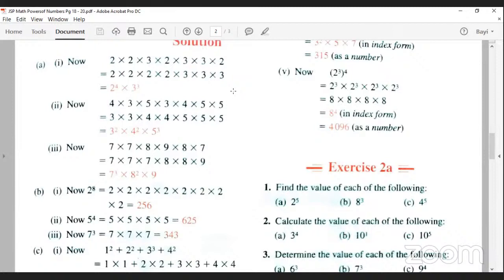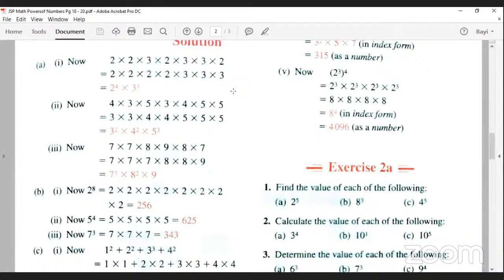So if you see a number 3, for example, it has an invisible power of 1 beside it. Even though you don't write the power of 1, you assume it. So if you have the number 2, the same thing. You see 2 by itself, we assume that it has a power 1 beside it, right? That is how we treat it.